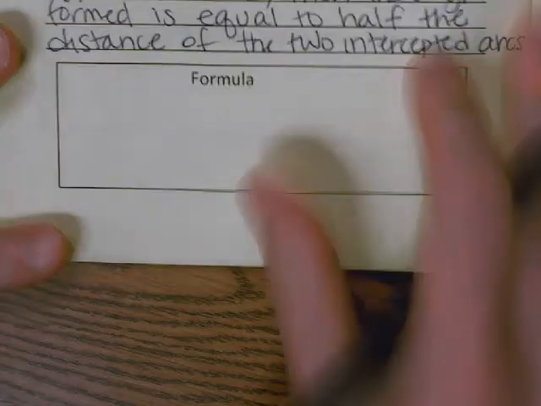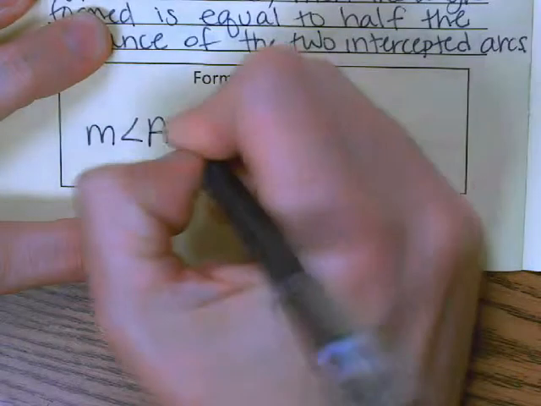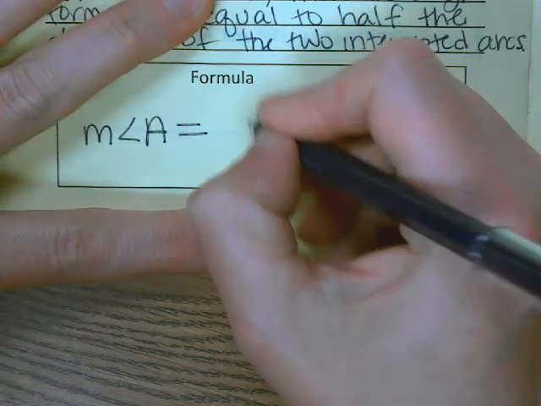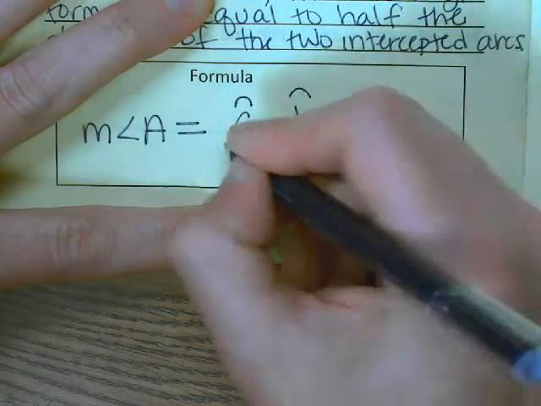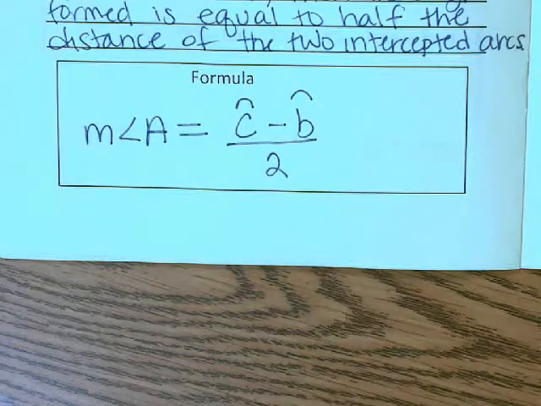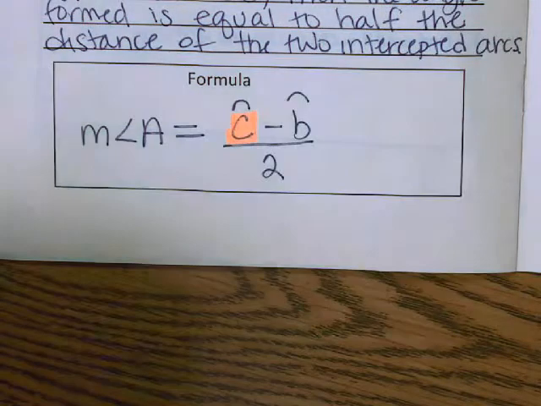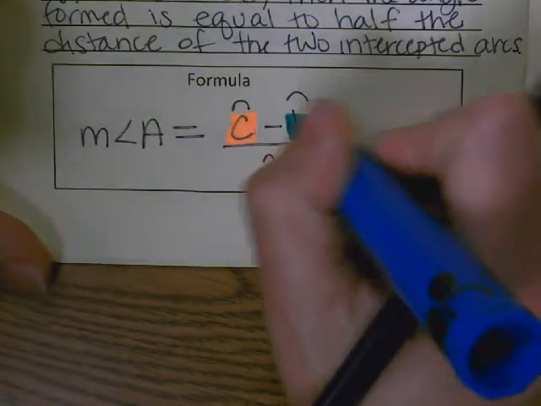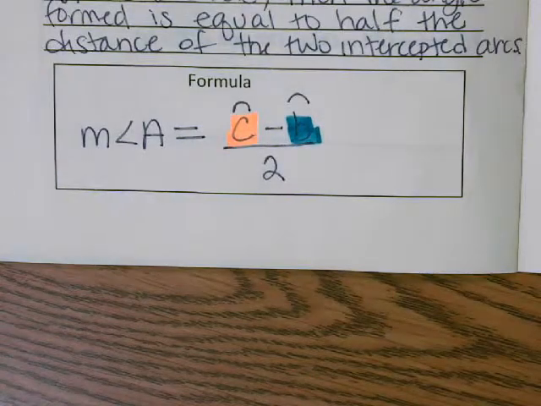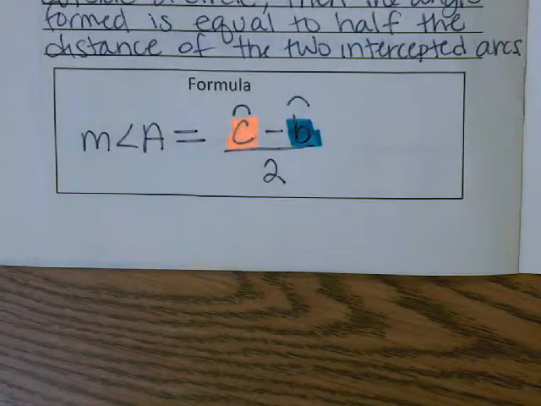So the formula that we're going to say is the measure of angle A is equal to arc C minus arc B divided by 2. Measure of angle A is equal to arc C minus arc B divided by 2. Now you can't see the B. There, that's a little bit better.